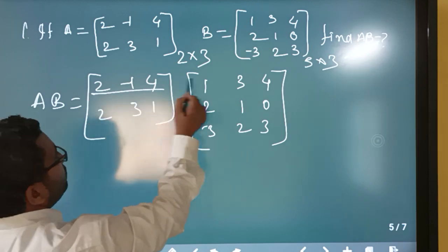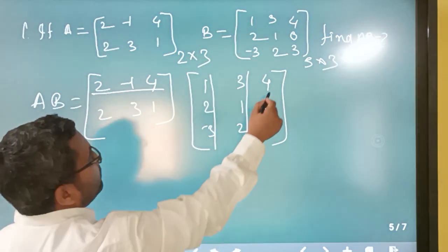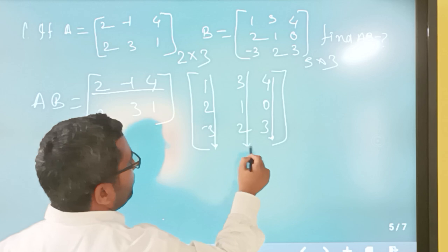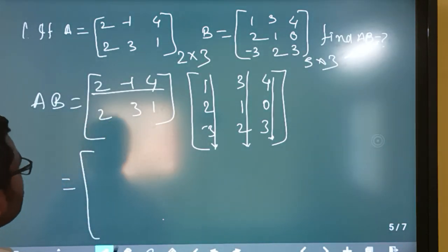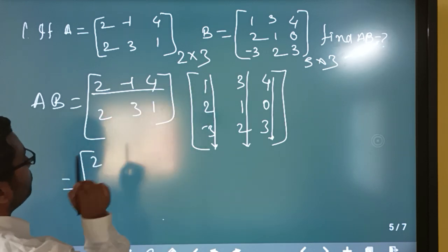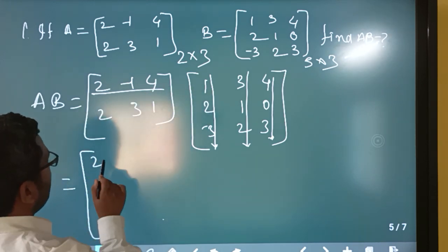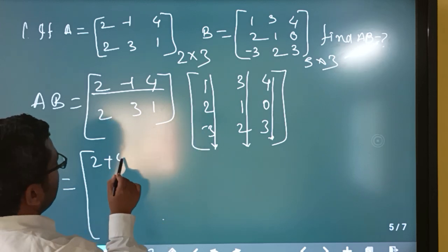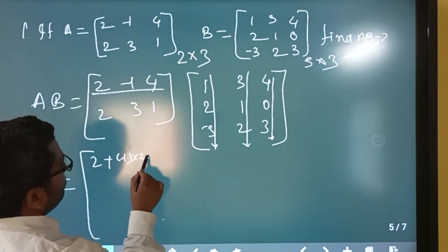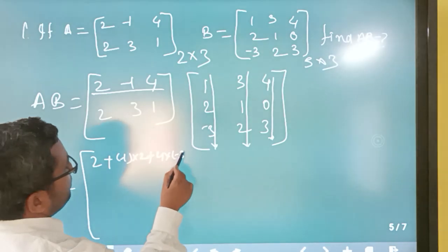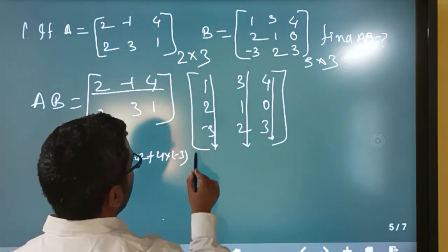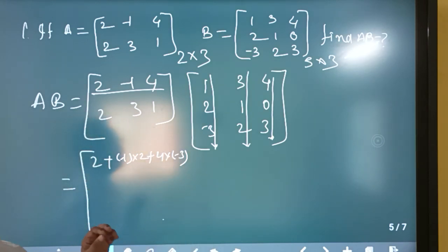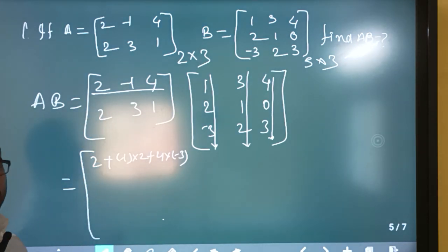We write the elements row wise, the first row with the first, second and third columns, and similarly we can find each value in one shot using multiplication and addition.